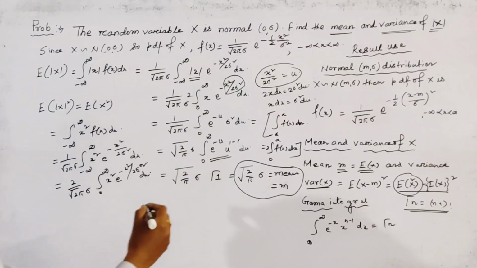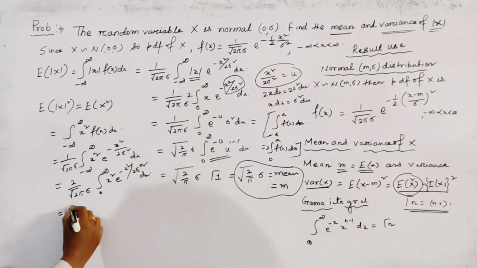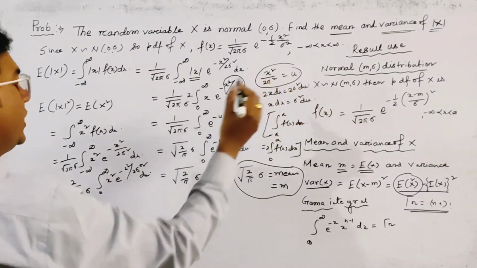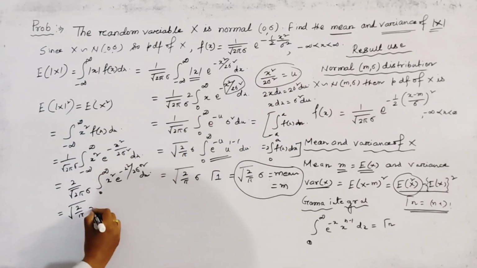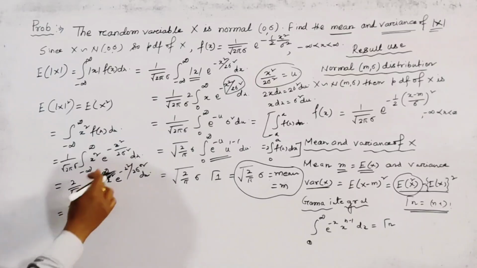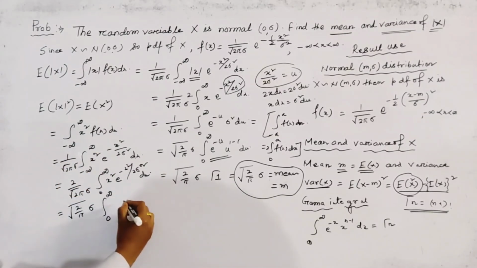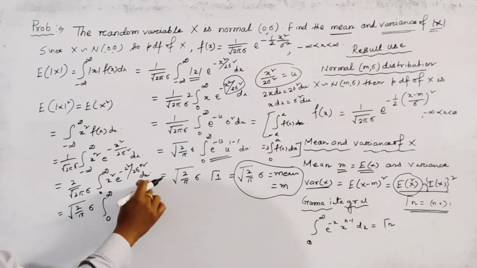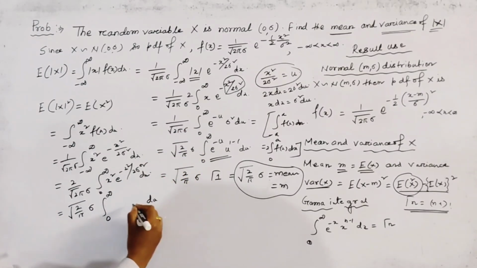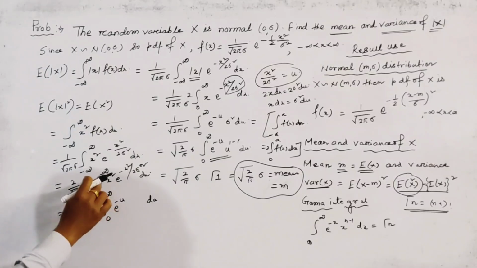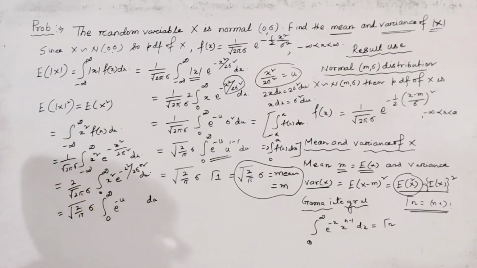Getting the result, this is 2 by root pi, and we get sigma square du. By cancelling sigma and sigma square, we take 0 to infinity. Here x dx is sigma square du, and this is e to the power minus u, and here one extra x is present.